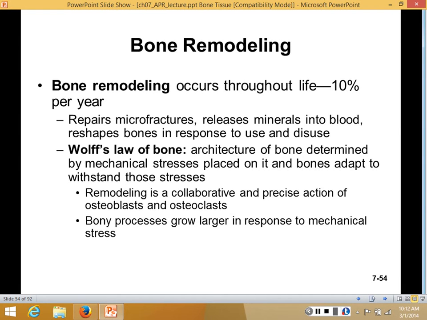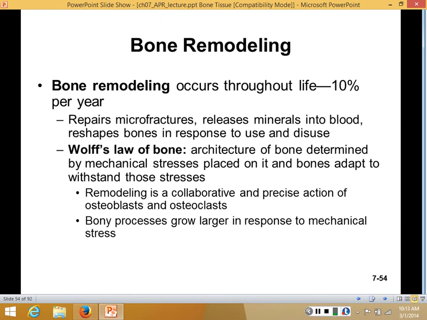It says moderate, not severe. You don't have to overdo it. Just a little bit. Keep these bones strong. Bony processes grow larger in response to mechanical stress. Okay?